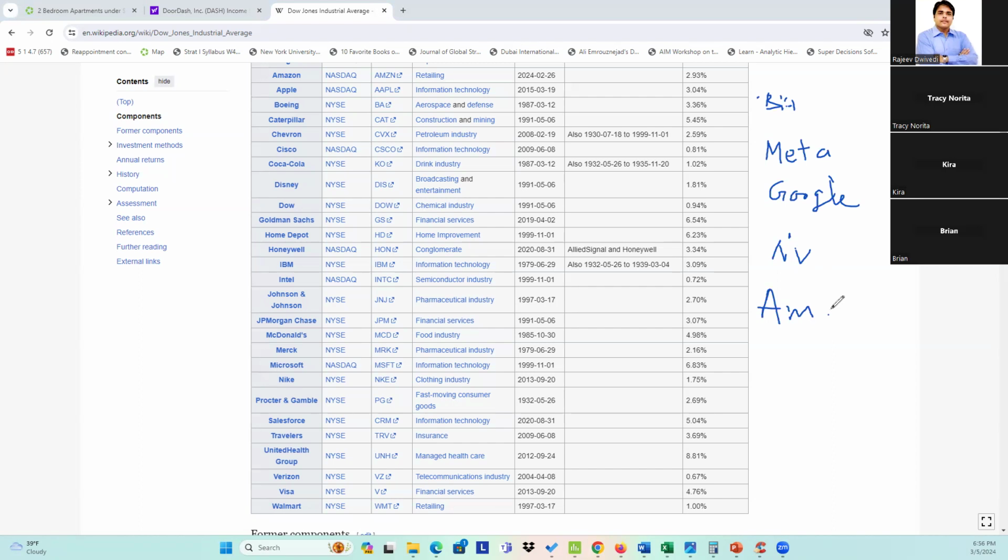I assign the weight for each of them. Amazon is 20%, NVIDIA is 30%, Google is 35%, and what is left, 15%, is this. And this total is 100%.